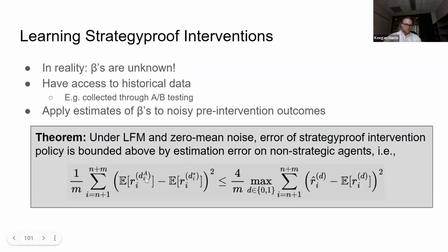So the intervention given by your algorithm to unit i, we say is d_i hat. And we show that this can be upper bounded by your estimation error, essentially the counterfactual estimation error. So what do you think the reward would have been for unit i had you actually assigned them intervention d? And so if this thing is small, then we do a good job at assigning interventions in the presence of the strategic modifications.